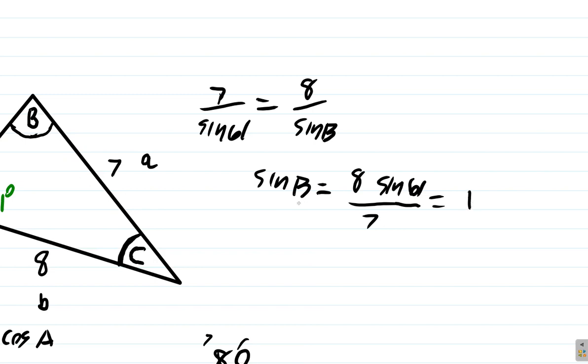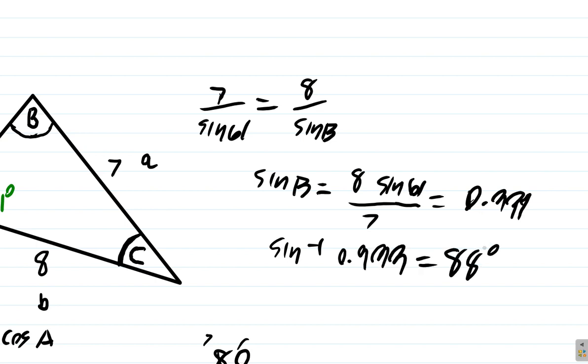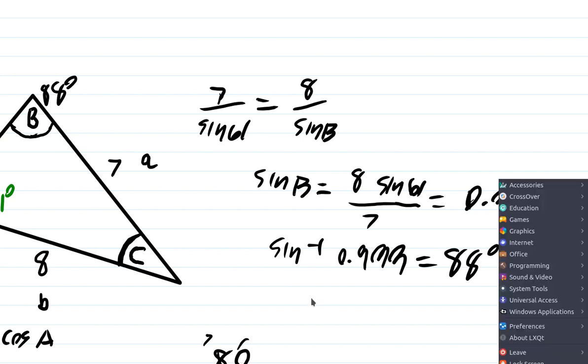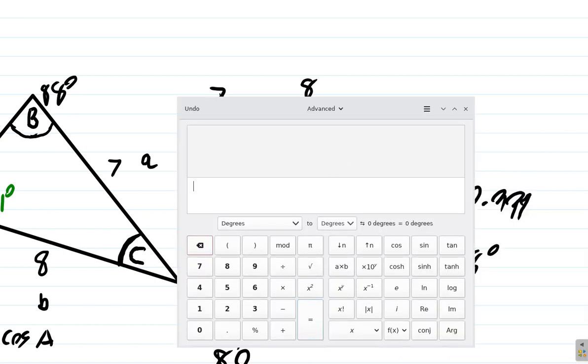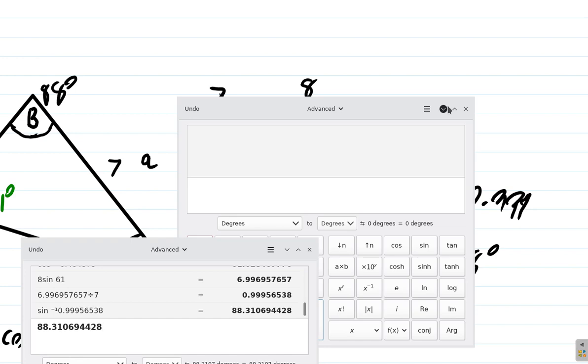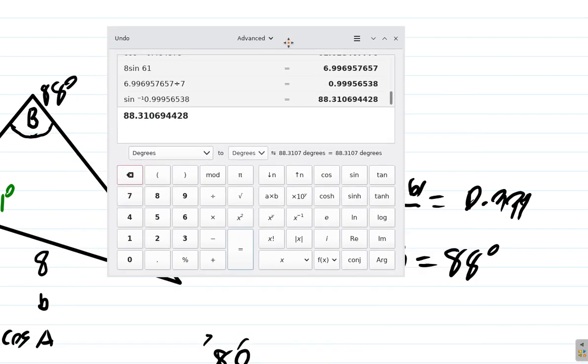So, almost 1. Sine inverse of, call it 0.999. Sine inverse of 0.999 equals 88 degrees. Alright? So we have 88 degrees. To get the third, of course, we just use the fact that in any triangle, the total angles add up to 180 degrees.